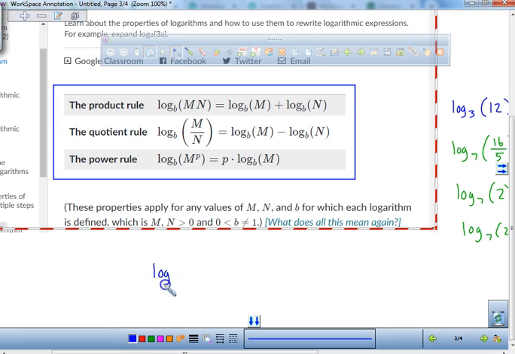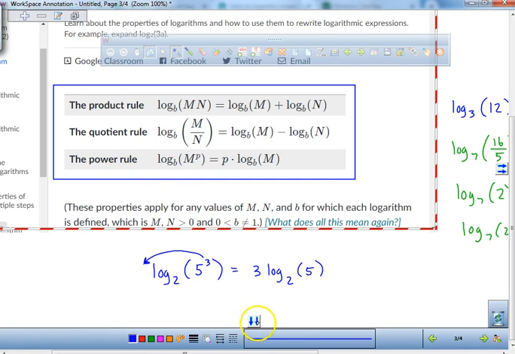If I say log base 2 of 5 to the power of 3, that could also equal 3 log base 2 of 5. So the power property allows you to take that power and move it down in front. That's called the power rule.